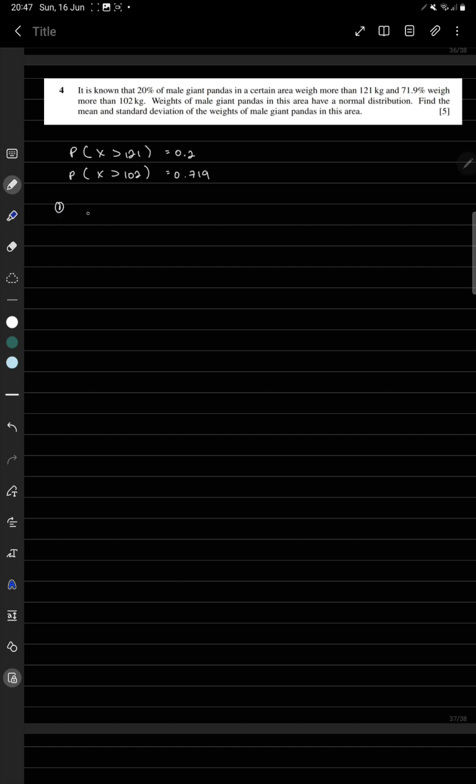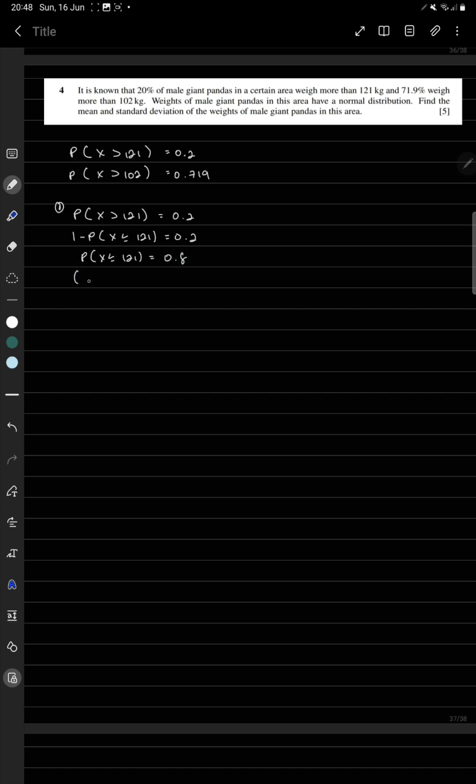Okay, so for part 1, we'll be using the first weight, which is more than 121. So what we're going to do here is change this into 1 minus the probability of x less than or equal to 121 equals 0.2. Then we'll have the probability of x less than or equal to 121 equals 0.8.